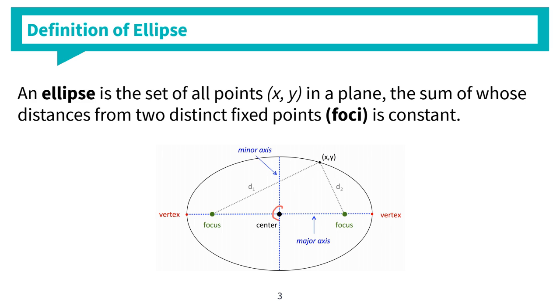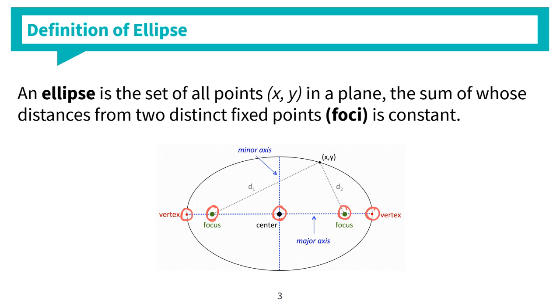Of course, we're going to have a center, okay? So the center is the very middle of the ellipse. We also have the end points, which we call, well, each one is called a vertex, but if we talk about them together in plural form, they're called vertices. We also have these points that lie in between the center and each vertex, and individually, they're each called a focus.